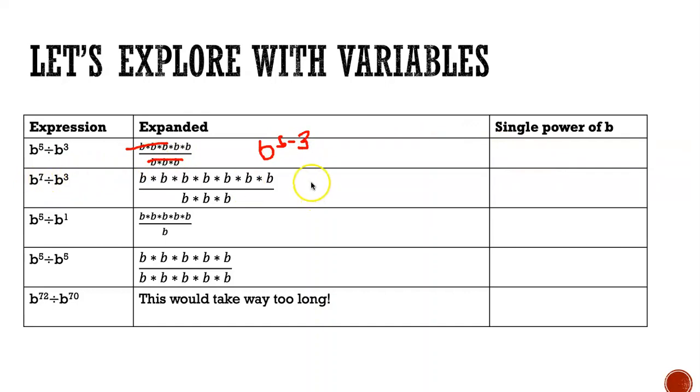This is the same thing as B to the 7 minus 3, which was B to the 4th. That one was B to the 2nd. This one is B to the 4th. And we got that by subtracting the exponents. B to the 7th divided by B to the 3rd is the same thing as saying B to the 7 minus 3. Same thing here, 5 minus 1 is B to the 4th.